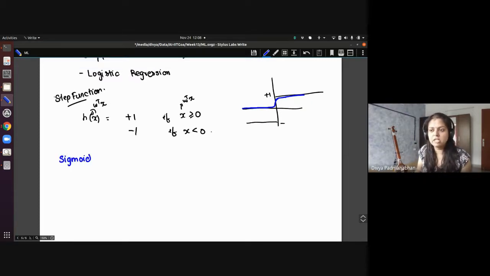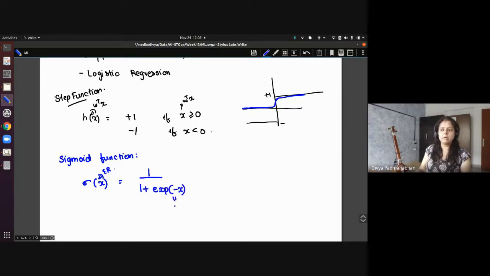A sigmoid function is represented in this way, written as sigma of x. For any input x, which is an element of R, sigma of x gives you the function 1 by 1 plus e power minus x.